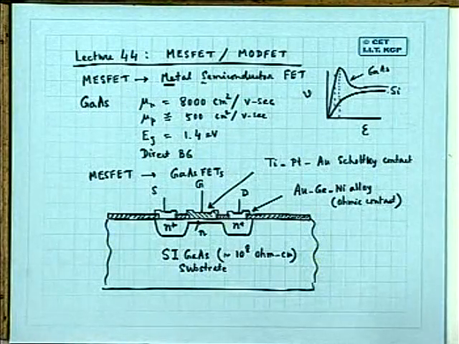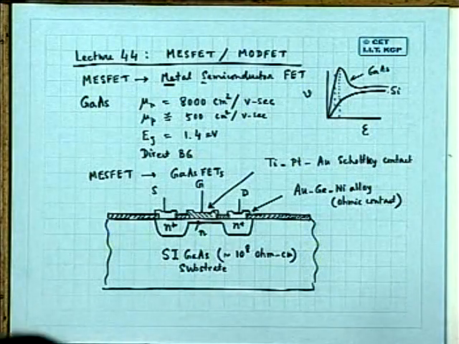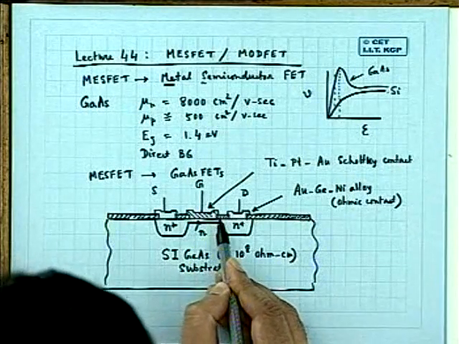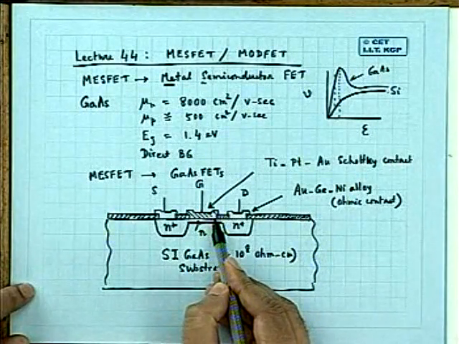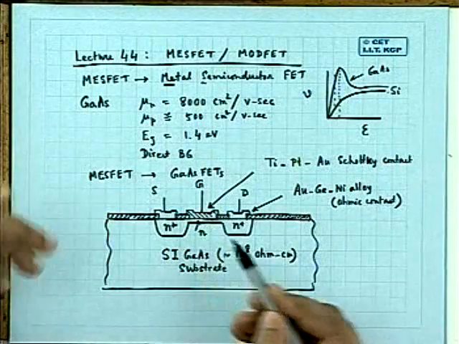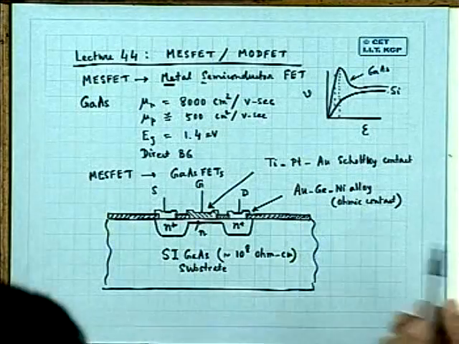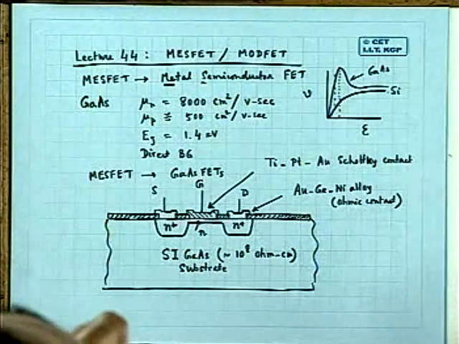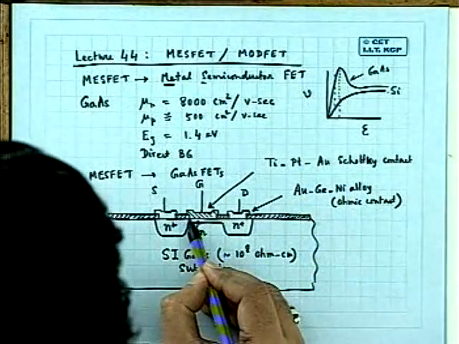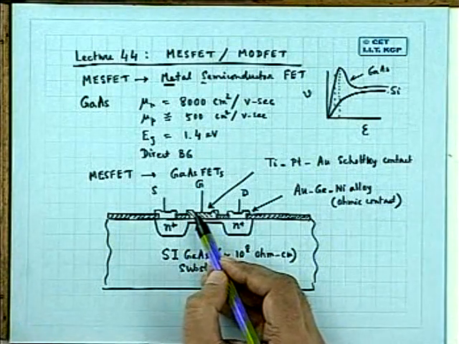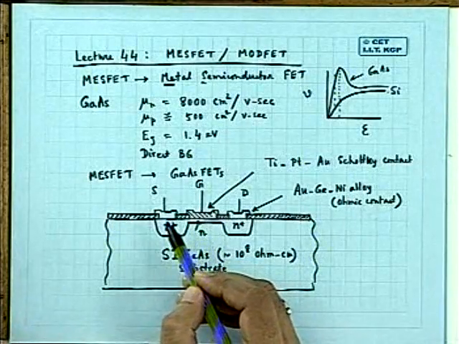Either you can have a JFET, that I'll show you. You can have a JFET here, that means in this region you could have a P plus diffused region, and in that case it would become a JFET. But instead of a JFET, you can have a Schottky contact here. No oxide or dielectric. There is a metal gate, but this metal gate is a Schottky gate.